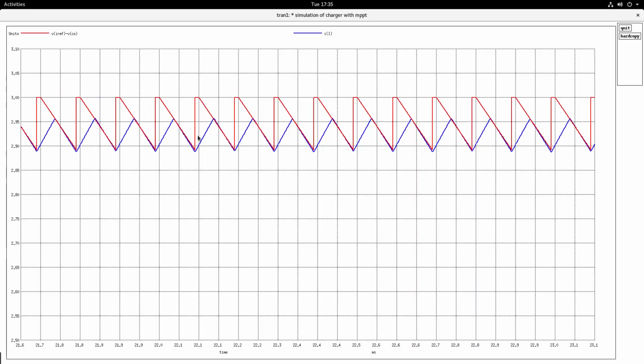Now here you see the blue line is IL and the red line is the modified or slope compensated reference. So whenever the clock comes in here, it starts falling, subtracting, and again rises back. The IL ref was at 3 amps, and from 3 amps it starts falling down with the same slope as the inductor down slope.